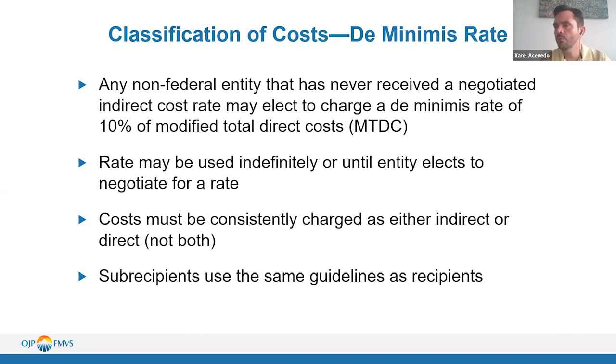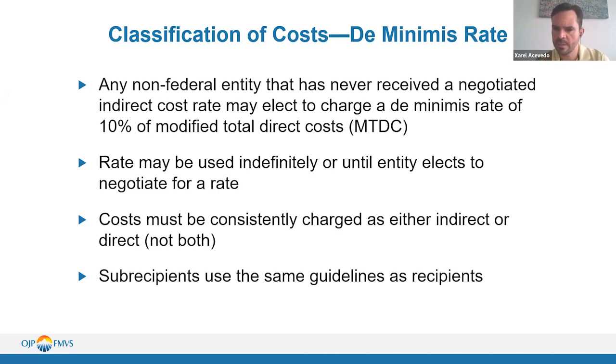Usually these negotiated rates are sought when we realize that a real indirect cost rate is higher than 10%, okay? So if you're at a 15, 18, 20% indirect cost rate, it is not in your best interest to just keep using 10, okay? Try and negotiate for a higher one to cover those actual real costs, okay?